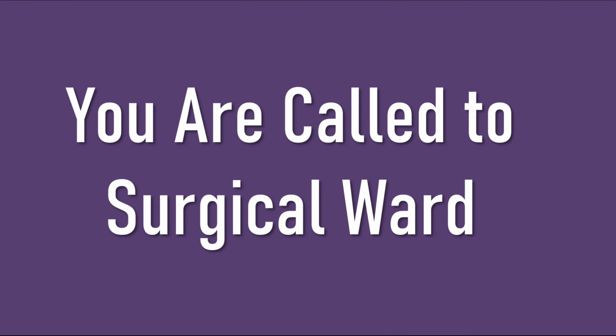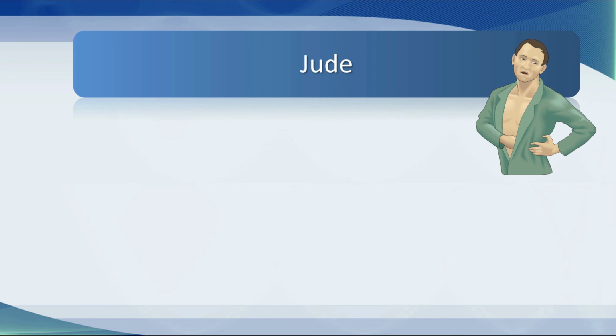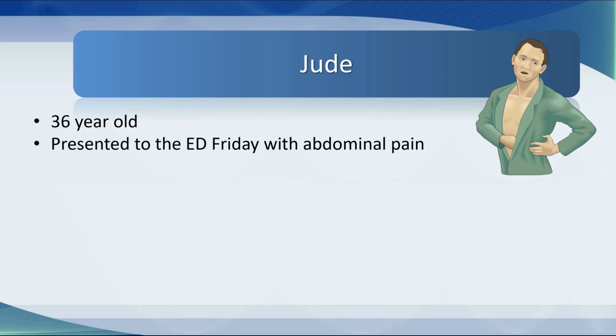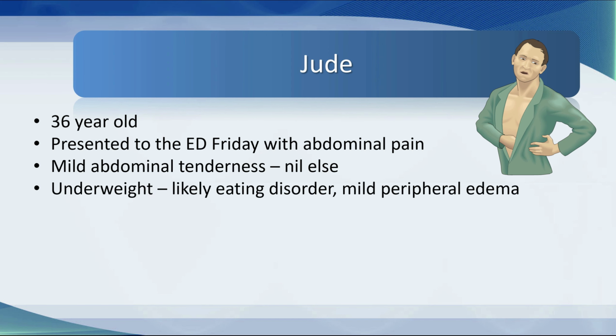You're called to the surgical ward to see Jude. Jude is 36 years old. He presented to the ED with abdominal pain and has mild abdominal tenderness and nothing else. Jude is underweight, likely has an eating disorder, and has mild peripheral edema.